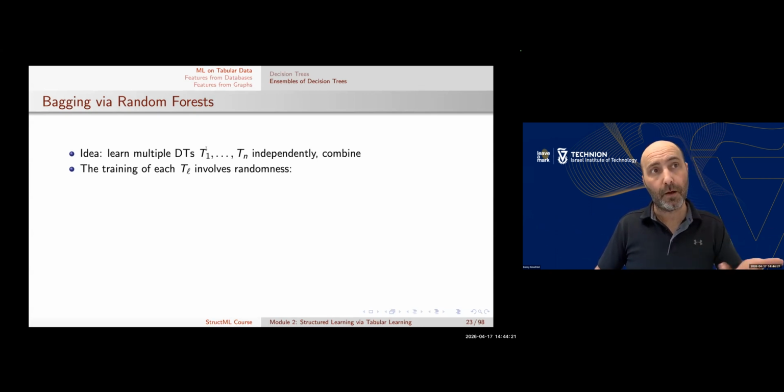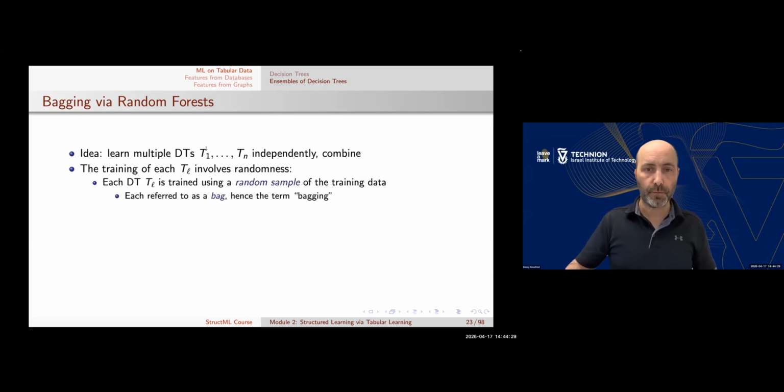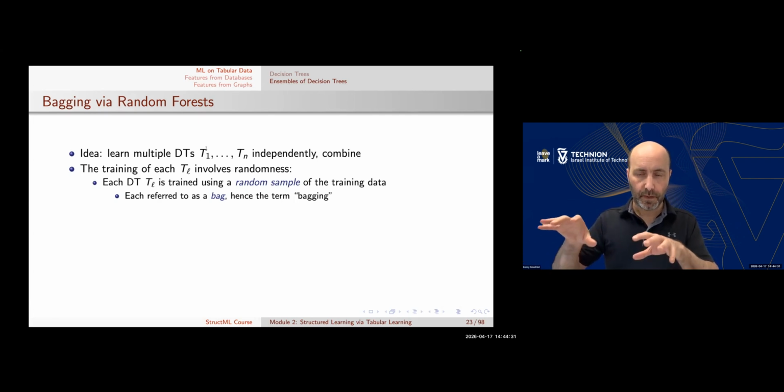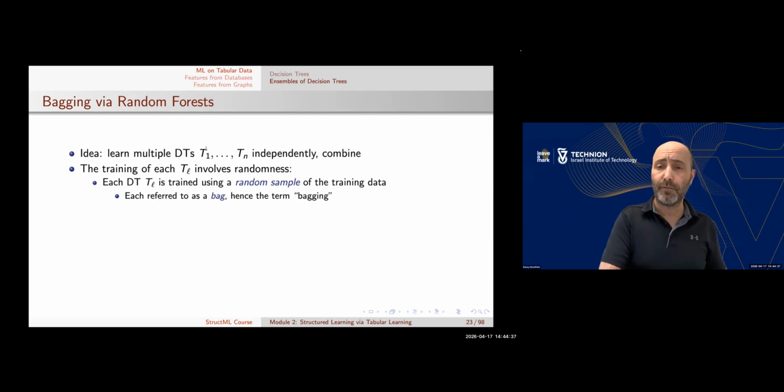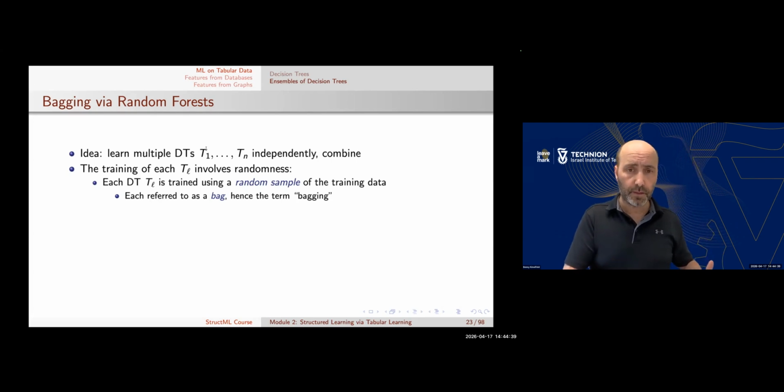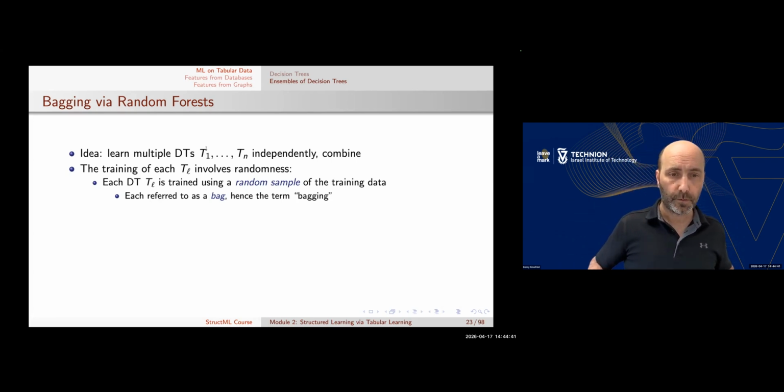We need to allow these trees to reflect different aspects of different cases. So this is what we do. First, we give every learning instance a random sample of our training data, not the full training data, not the same training data, but a random sample of the training data. Each is referred to as a bag, and that's where we get the term bagging.